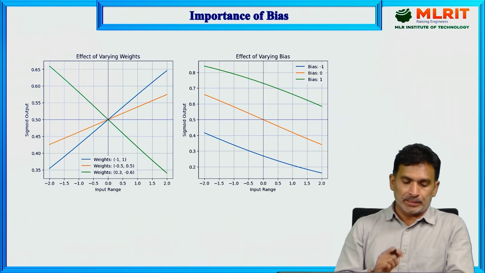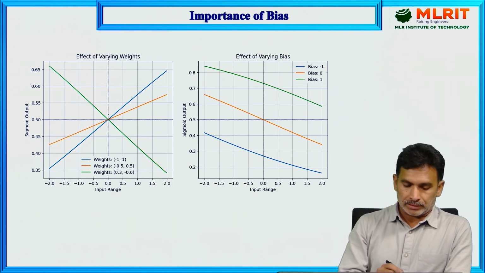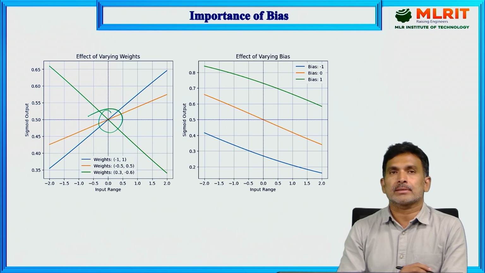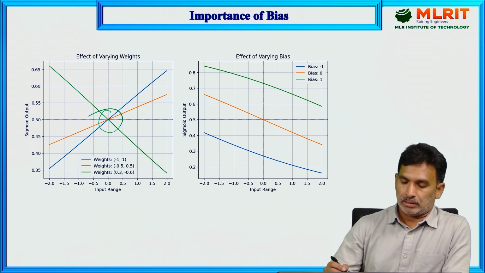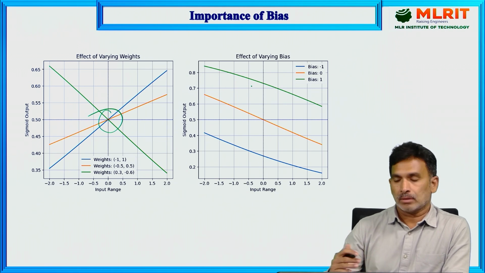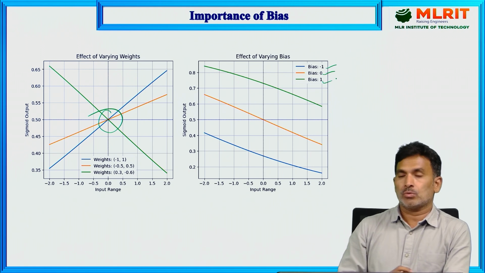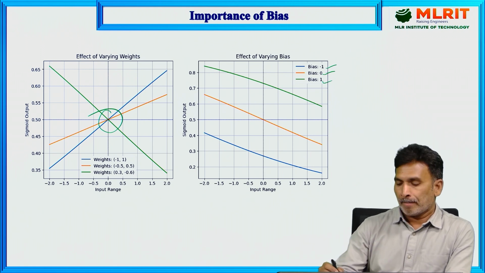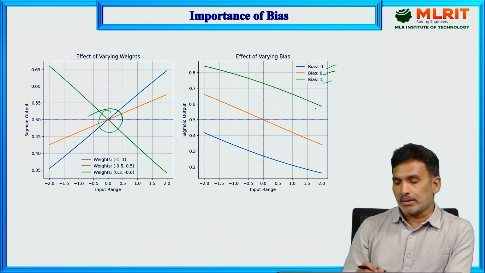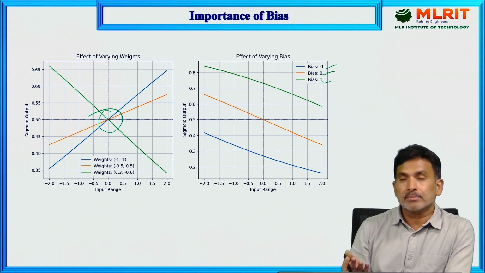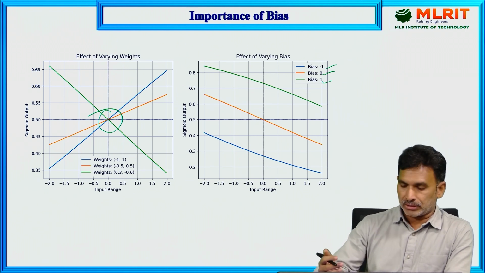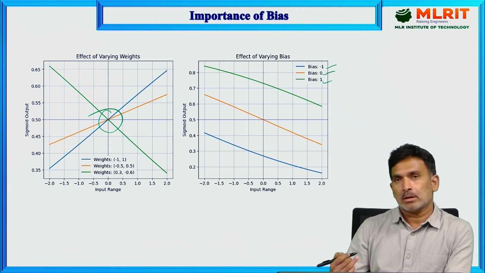Here you can see this is without bias, and if you add the bias, there are three lines where the bias equals -1, bias is 0, and the bias equals 1. So we can shift the function either left or right.